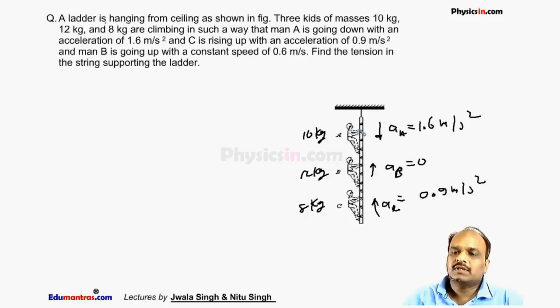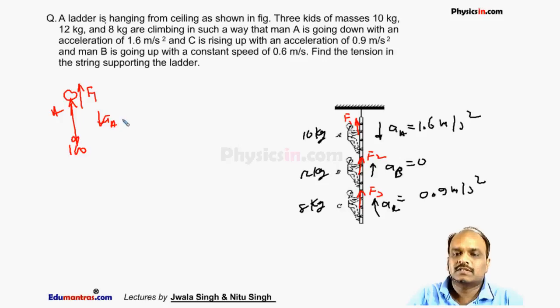Now suppose kid A exerts a force F1 on this ladder, kid B exerts a force F2, and kid C exerts a force F3. So if we draw the free body diagram of kid A, then the force here is F1, the weight of this kid is acting downward, that is 100 Newton, and he is going downward with an acceleration a.